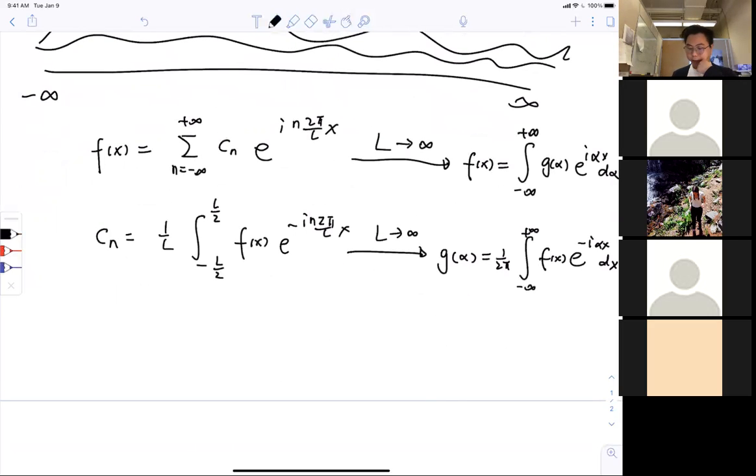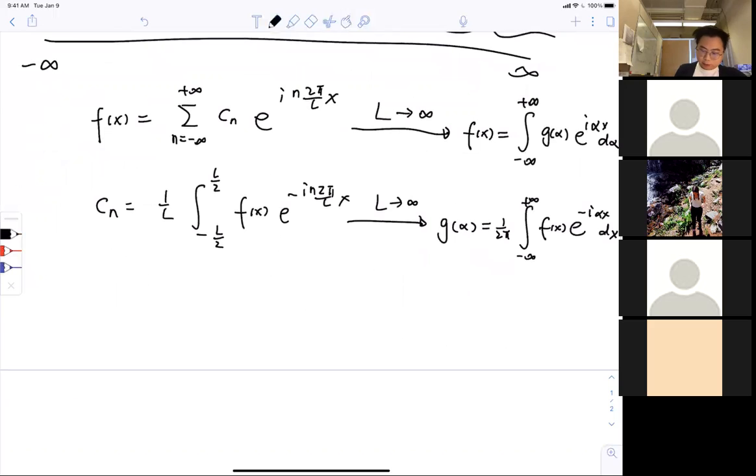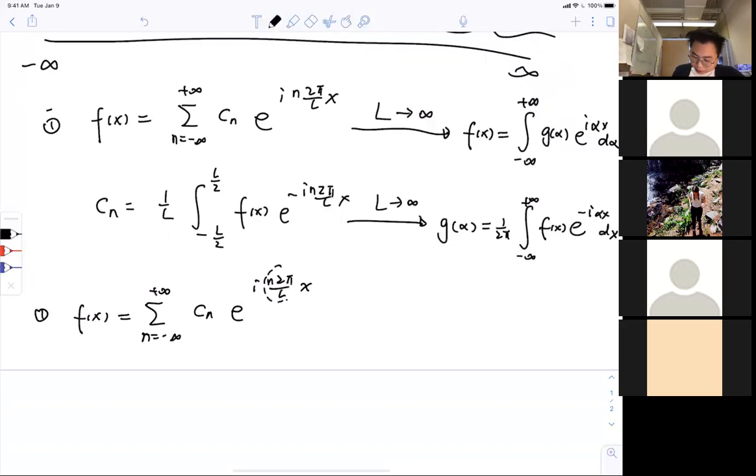So let's look at this one first. The first limit. Let's just take a limit. So let's call this guy alpha. Then d alpha becomes 2 pi over L, right? D alpha is the step, like the increment, which is one.